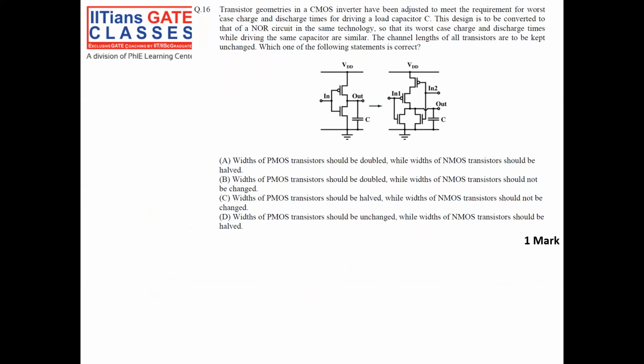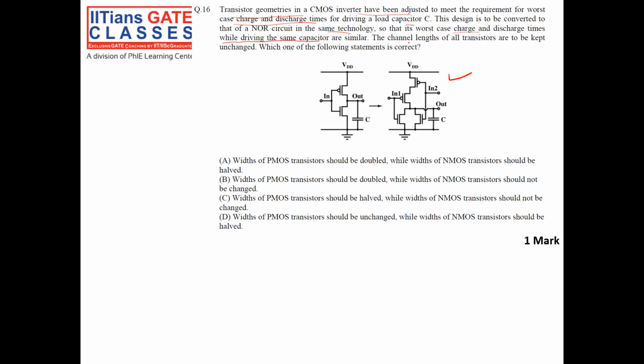The transistor geometries in a CMOS inverter have been adjusted to meet the requirement of worst case charge and discharge times while driving a capacitor C. The design is to be converted to a NOR gate, as shown in the figure, in the same topology, so that its worst case charge and discharge times while driving the same capacitor are similar.